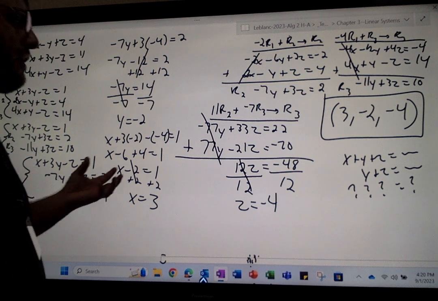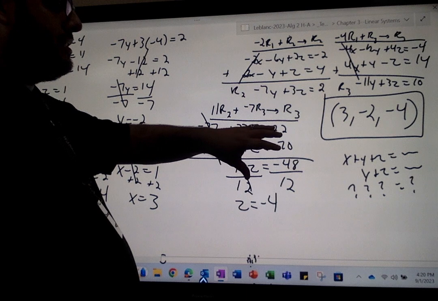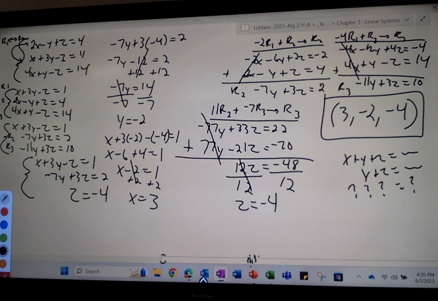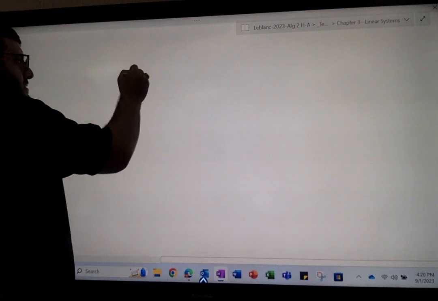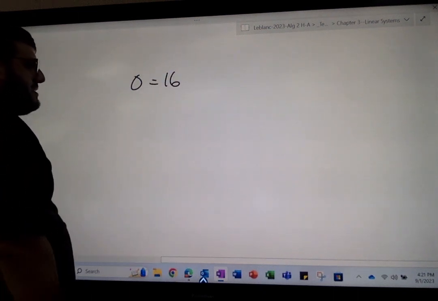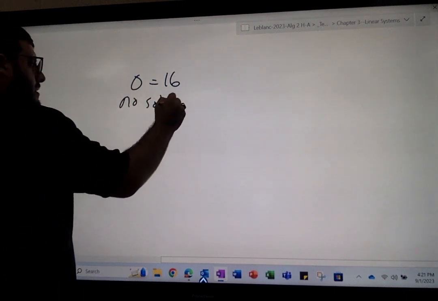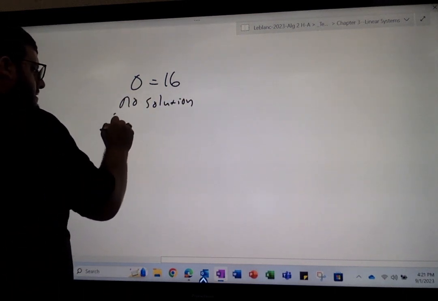You'll have to figure out how to write out the equation of the line for that particular system. Now, also keeping in mind that even something like this still applies. If you come up with something that doesn't make sense, that's no solution here. It is an inconsistent system.